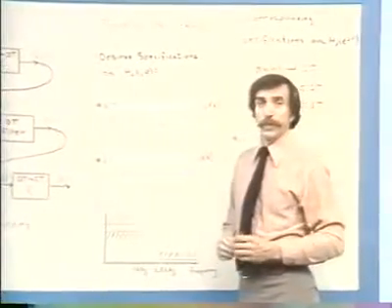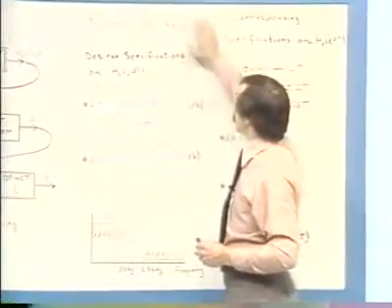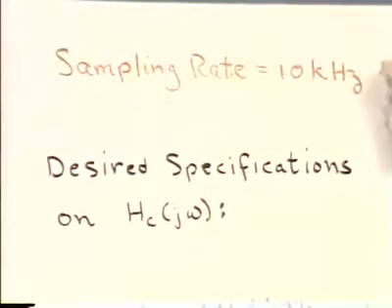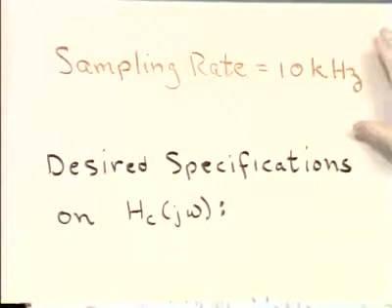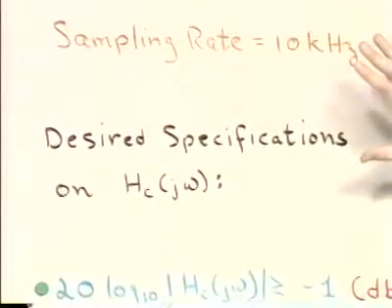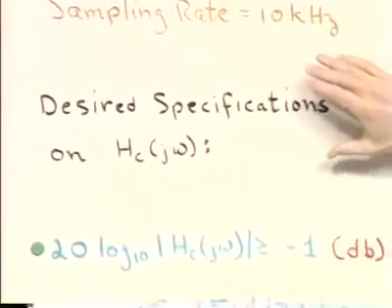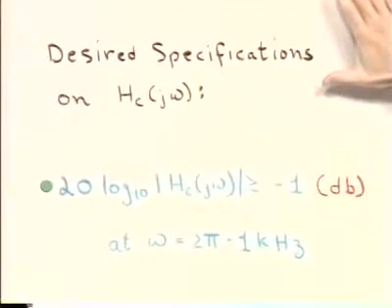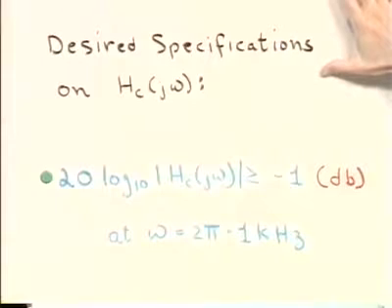And so since we have a sampling rate of 10 kilohertz, we want to first look at our specifications on the desired continuous time filter and then map those to appropriate specifications on the discrete time filter.